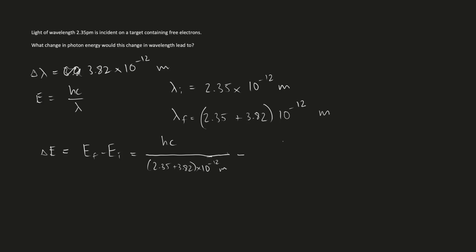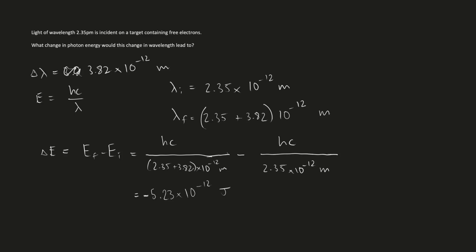And then we'll minus our initial energy, which was just 2.35 times 10 to the minus 12 meters. So this is all just numbers you could put into a calculator at this point, and you would get a change in energy of 5.23 times 10 to the minus 12 joules.